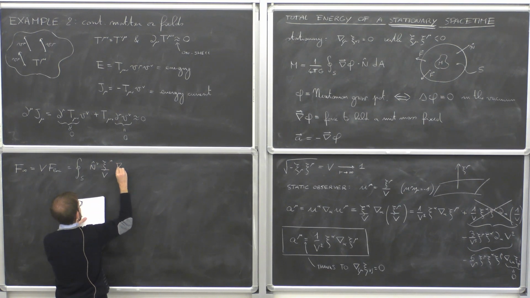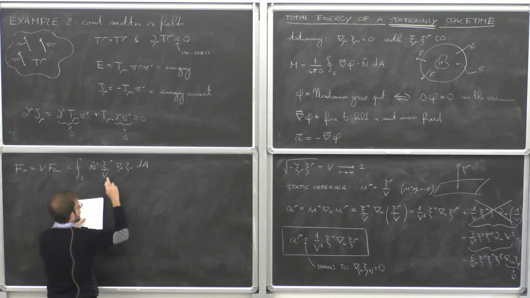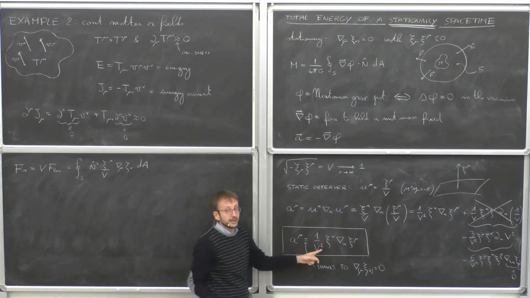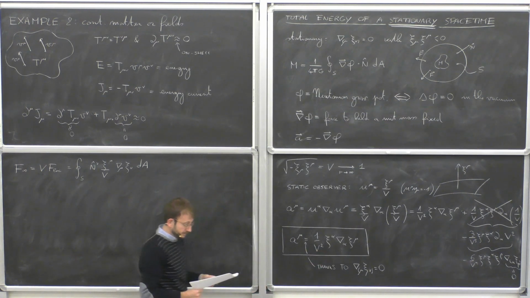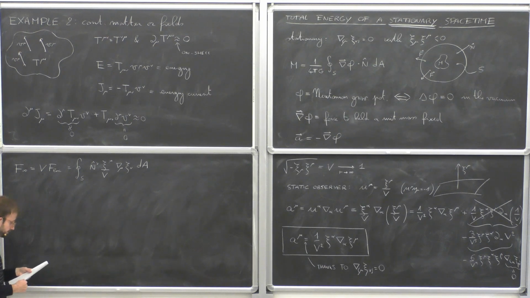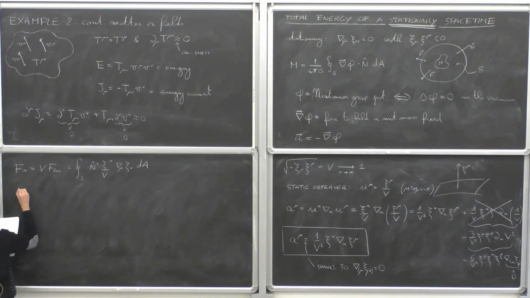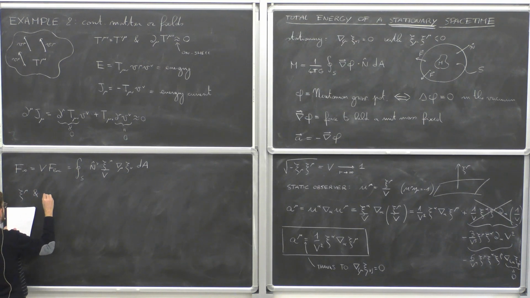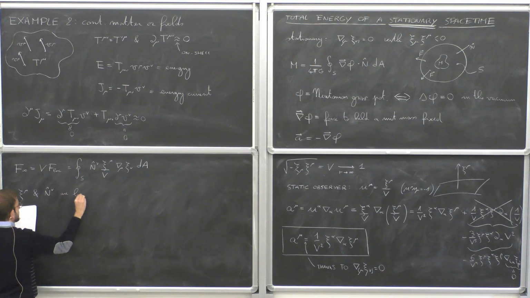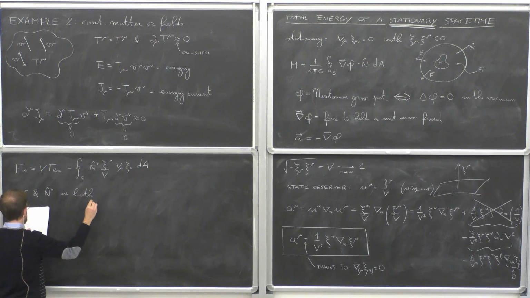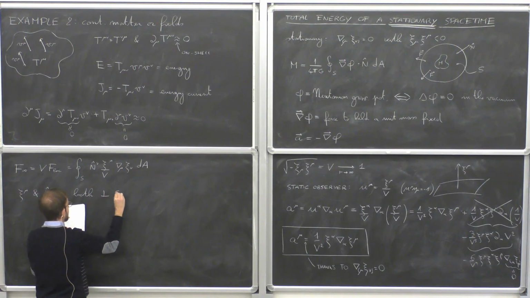The difference with respect to what I've written there is that instead of having a v squared, here I have just one power of v. Now, the interesting thing is that in this particular case, both xi mu and the other vector are orthogonal to the sphere.